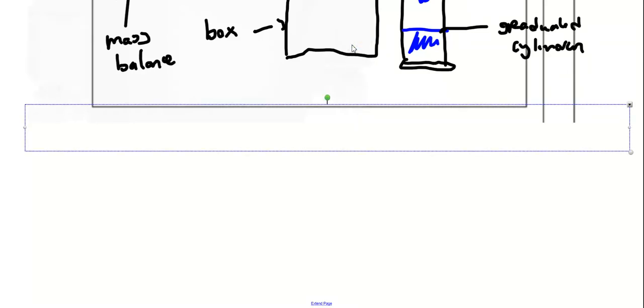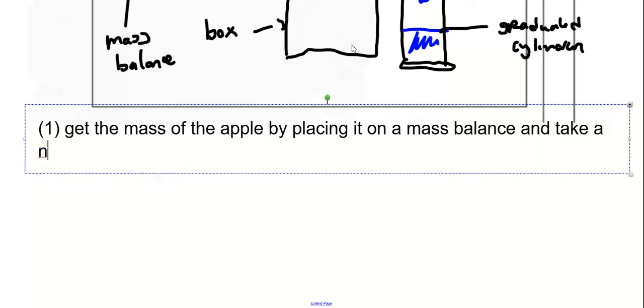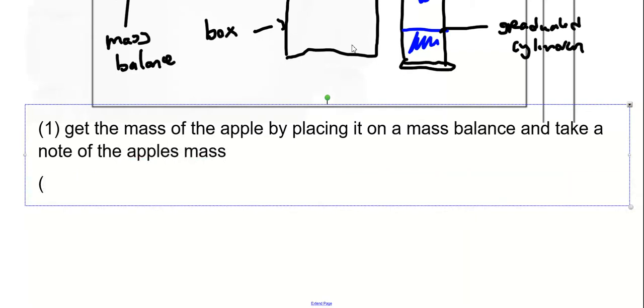So, part 1. Get the mass of the apple by placing it on a mass balance and take a note of the apple's mass. 2.